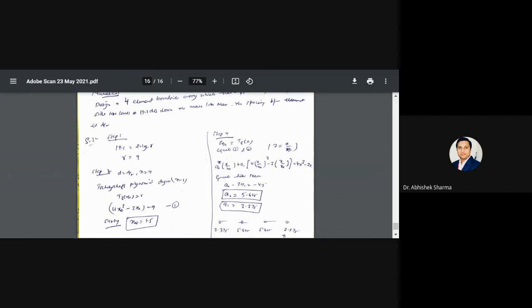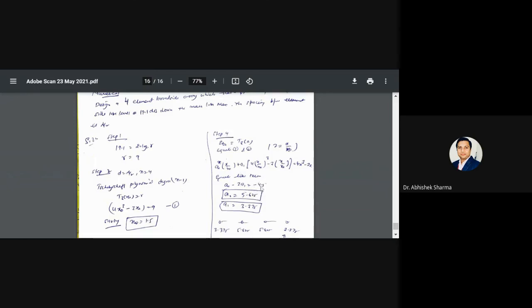Now comparing the coefficients of x on both sides, this will be equal to minus 3. Taking this x naught to the other side, we get a naught minus 3a1 is equal to minus 3 multiplied by x naught. Now x naught is 1.5, so this will become minus 4.5.